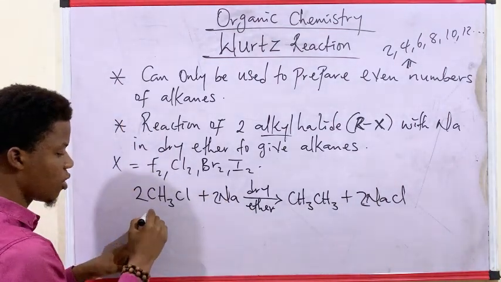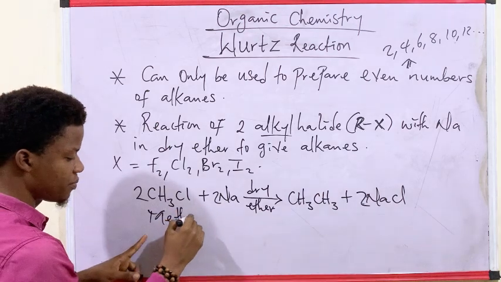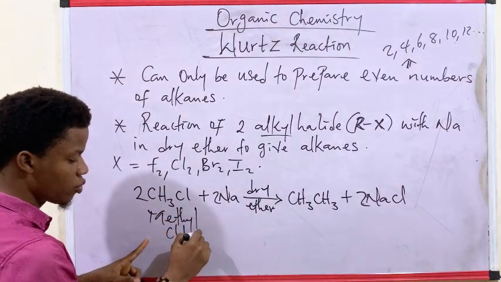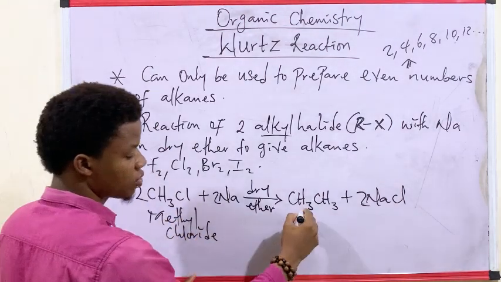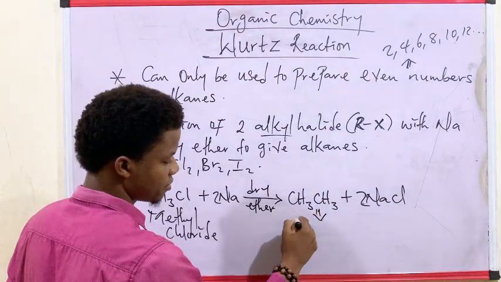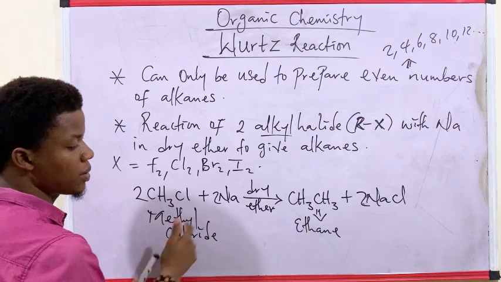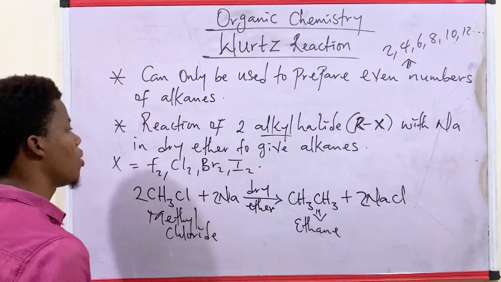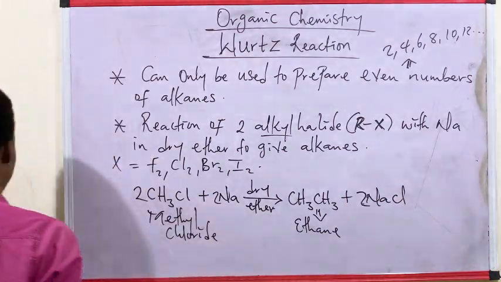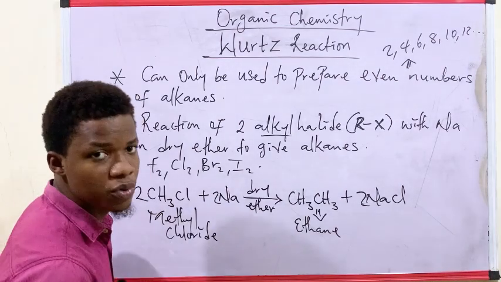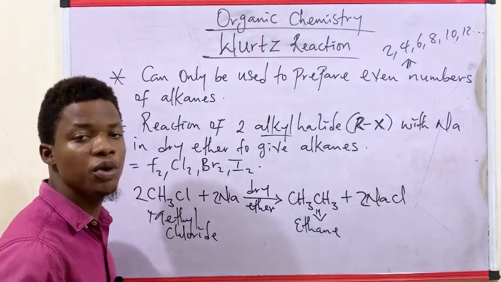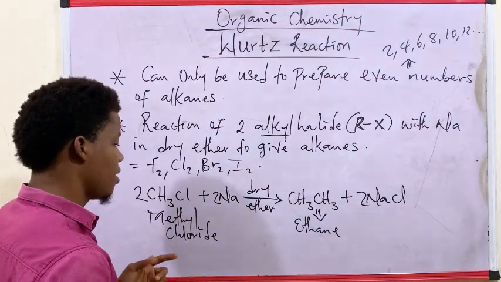So now you discover that methyl chloride gives birth to what? Ethane. Methyl chloride produces ethane.